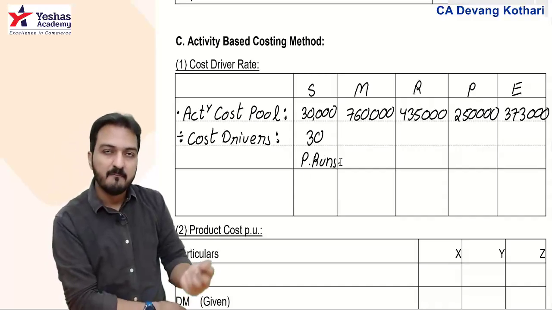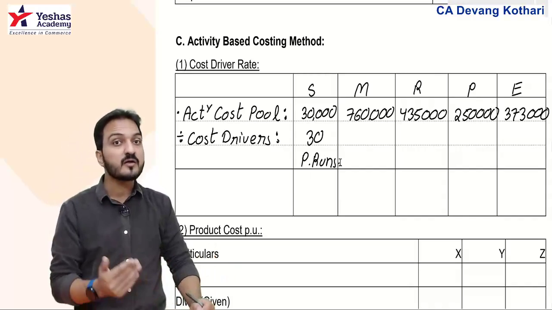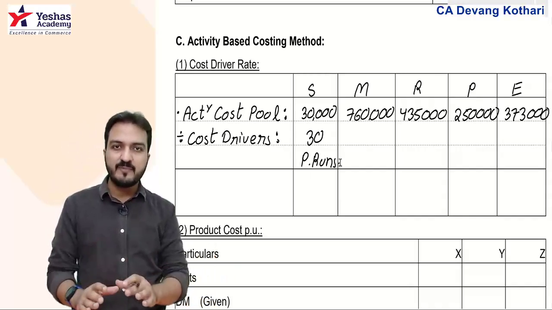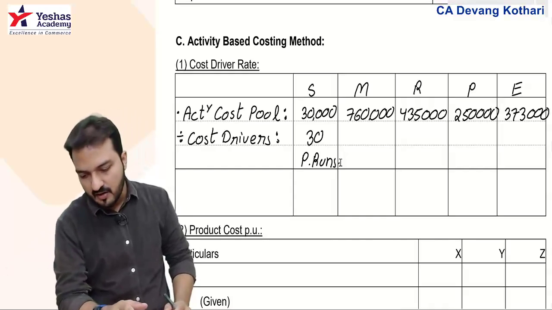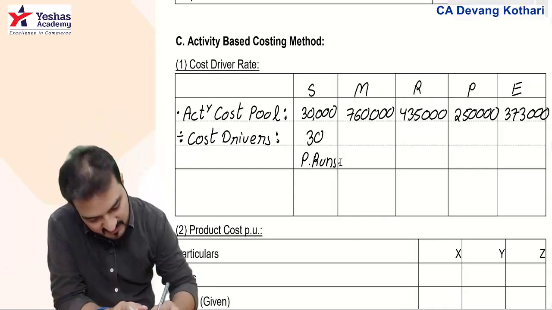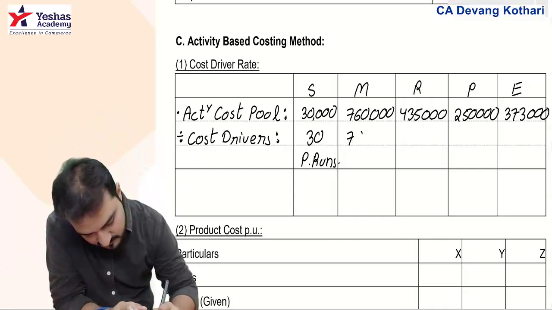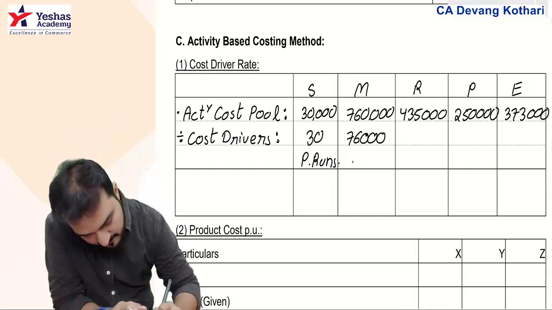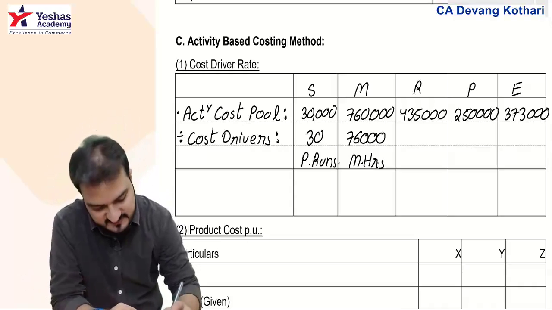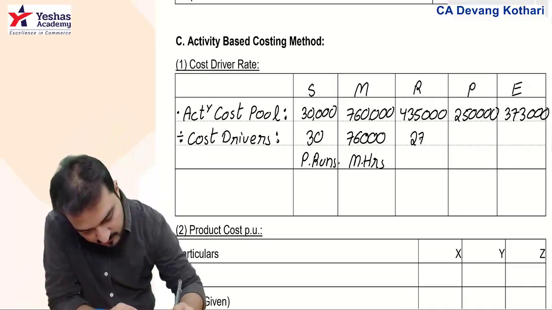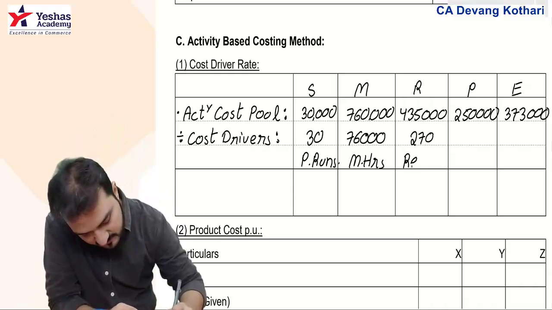Machining overheads should be based on what? Machining activity will be based on machine hours, and in the question your total machine hours is given 76,000 hours. Receiving activity we discussed should be based on number of receipts. Total you are given 270 receipts.